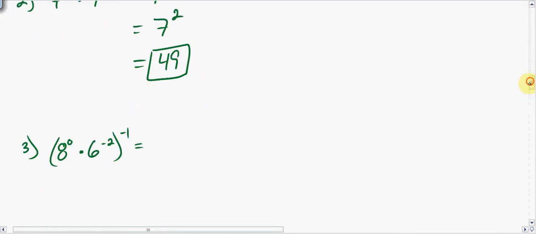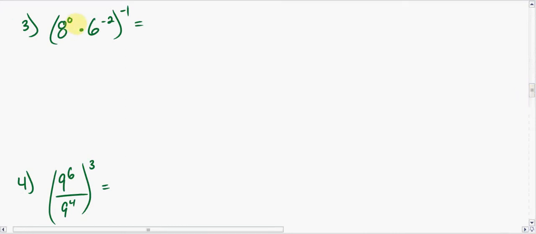Third one, we have 8 raised to the 0 power times 6 raised to the negative 2nd power. All of that is raised to the negative 1st power. What I notice is I have something raised to the 0 power. That automatically tells me that I have a number 1. Anything raised to the 0 power is 1.